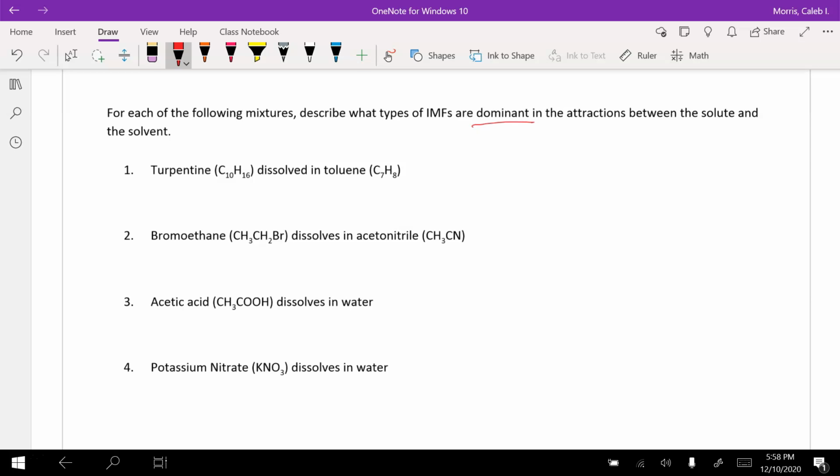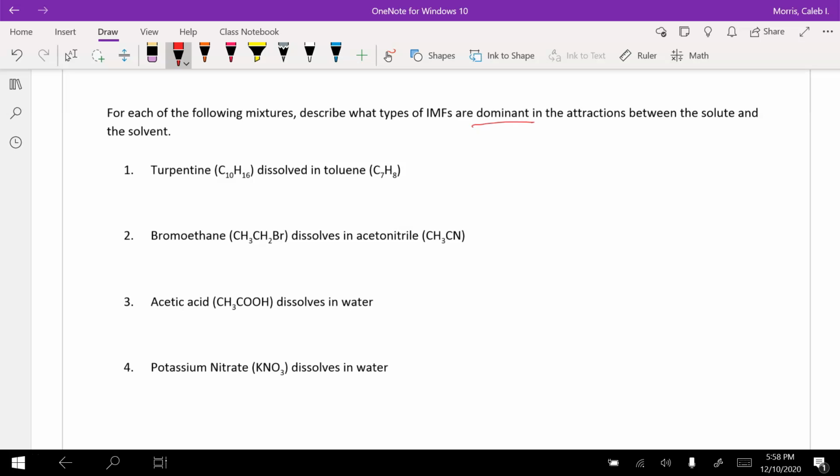If all we have is LDF, that's the most dominant. If we have LDF, dipole-dipole, and hydrogen bonds, then the most dominant would be hydrogen bonds. So we're just going to list the one that's typically the most important to what we're talking about, the most dominant one.